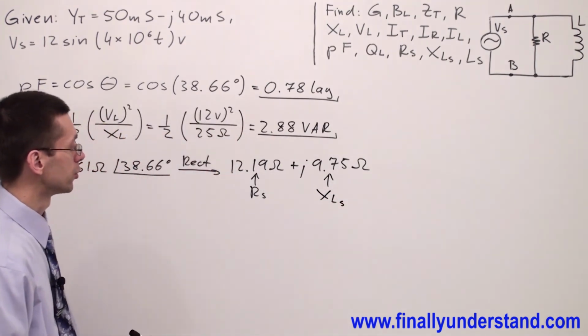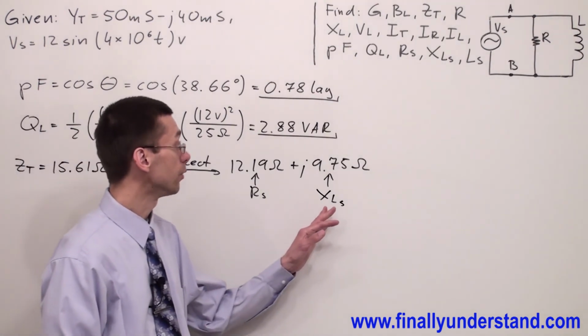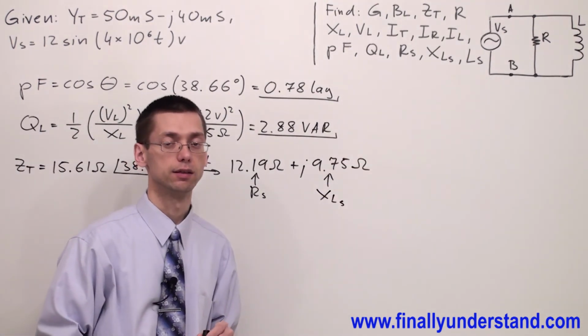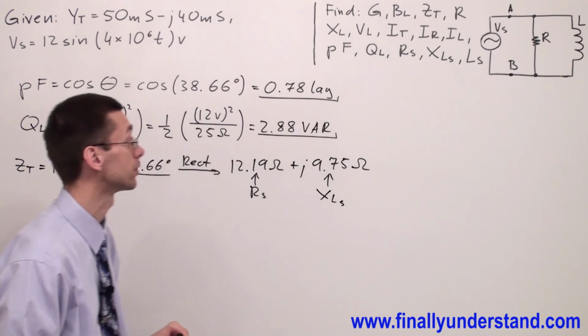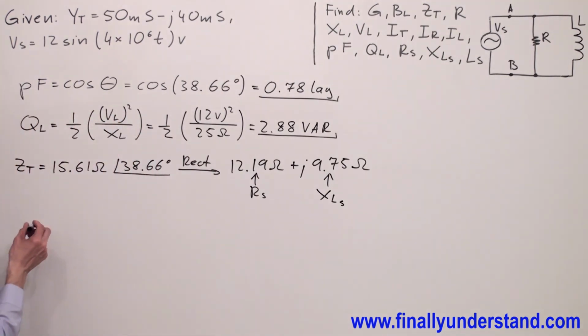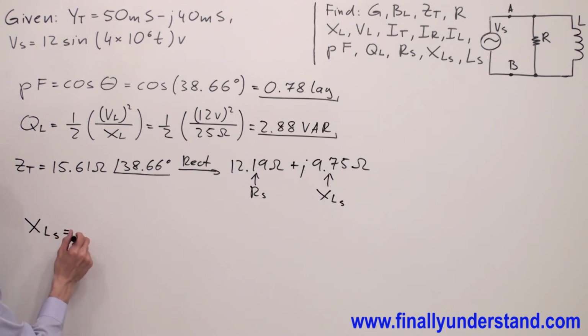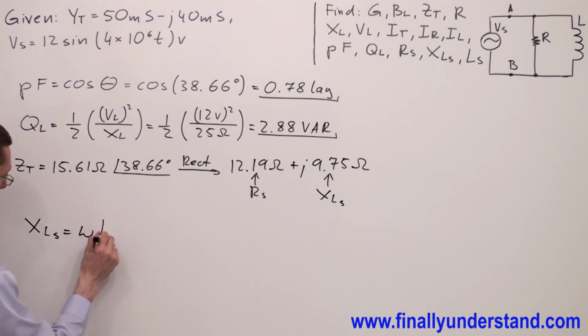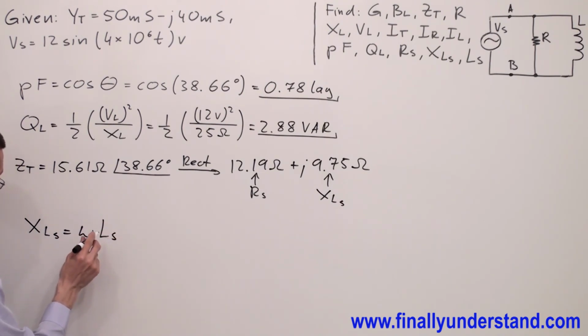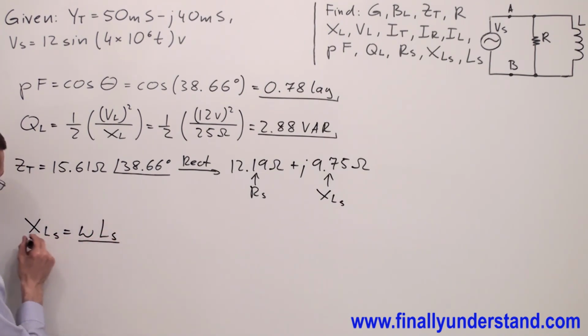Okay, so next we can find the inductance of the inductor. In order to do so, I'm going to use the formula for the inductive reactance. So X of Ls is equal to omega Ls. Solve this formula for Ls by dividing both sides of my formula by omega.